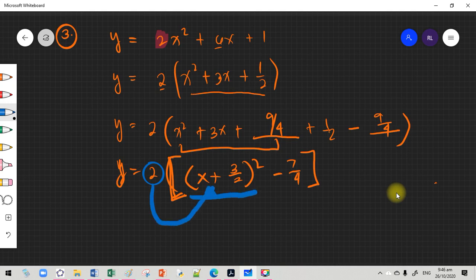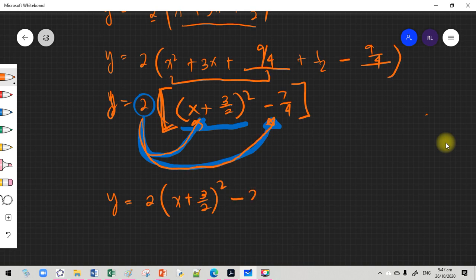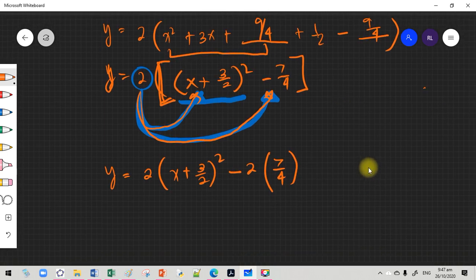Distribute and multiply it there. So y equals 2 times (x plus 3/2) squared, minus 2 times 7/4.